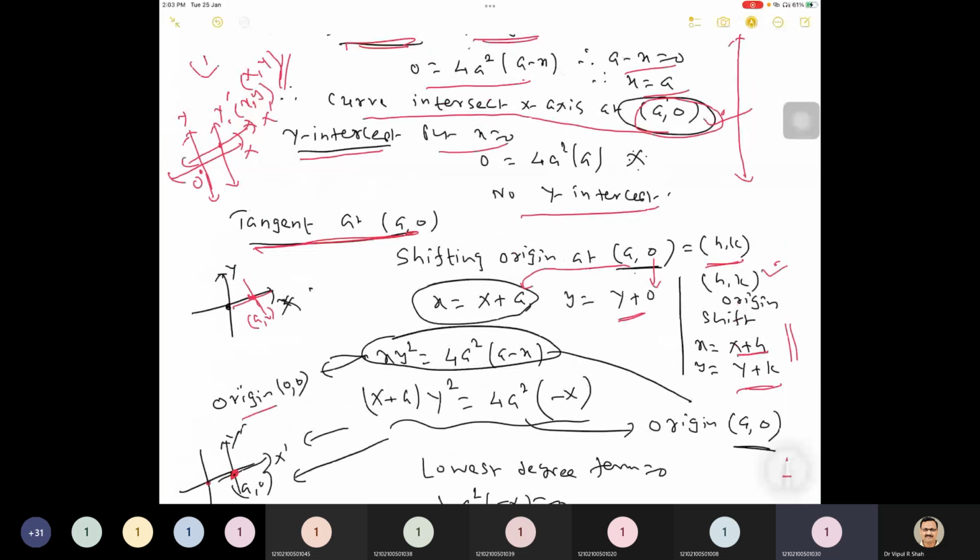So in the original origin (0, 0) આ equation આપેલું છે. પણ આ X dash Y dash new origin માં આ equation કેવું બનશે? That we need to check. So what is x? Small x is big X plus a and small y is big Y. So x ની જગ્યાએ X plus a લખો, y ની જગ્યાએ Y. a minus x ની જગ્યાએ minus X આવશે કારણ કે a minus x is a minus X minus a.